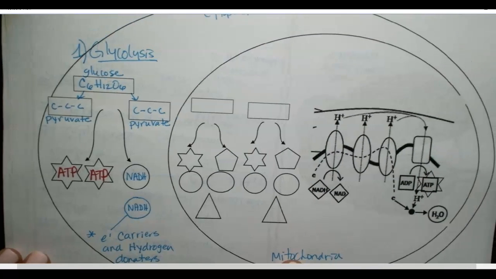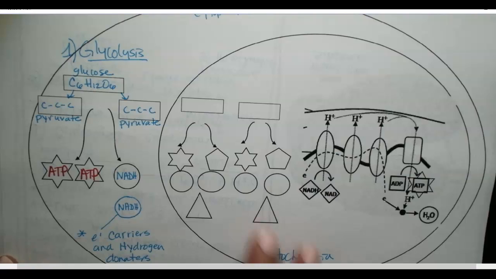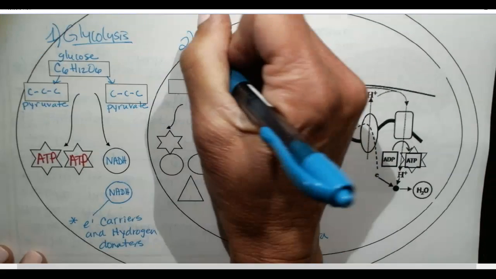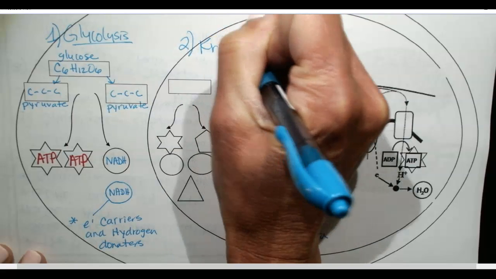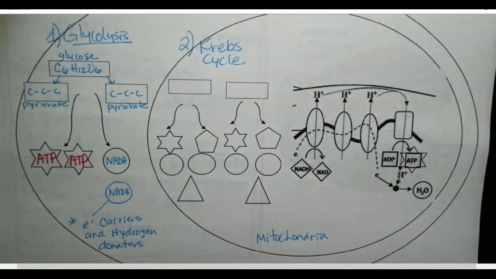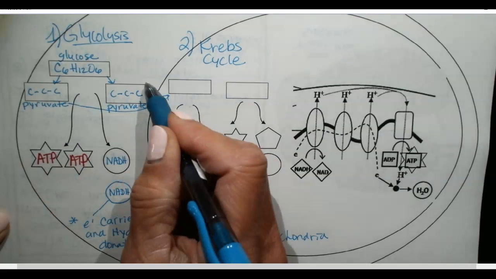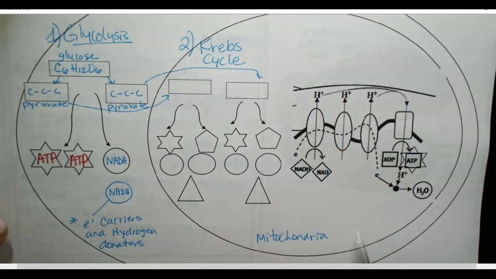So now what we're going to do is I am going to move over into the mitochondria. And we are going to look at step number 2. So I'm going to put right here, and this is going to represent the Krebs cycle. Okay, so the first thing that happens is each of my pyruvate molecules are going to move into the mitochondria.